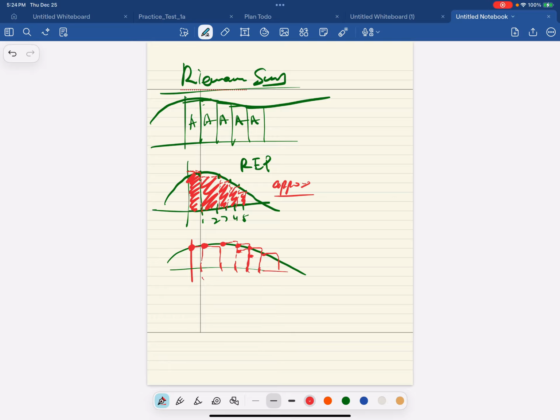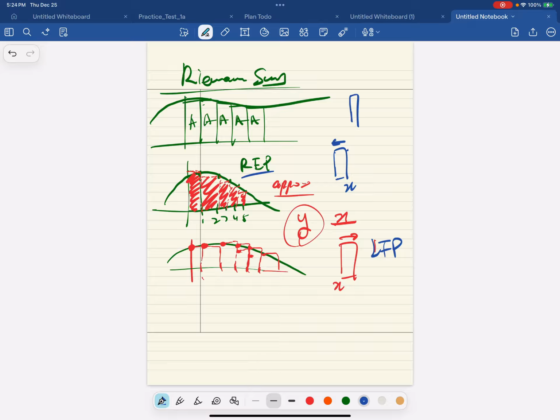Either way, the whole point is to find the y value at the given x, and from the left of x to the right, I'm going to draw a rectangle for left endpoints. And from the x to the right, if you're looking for right endpoints.